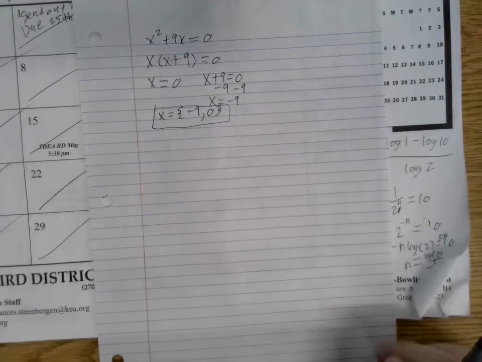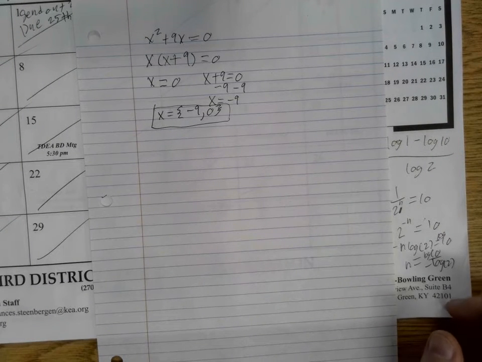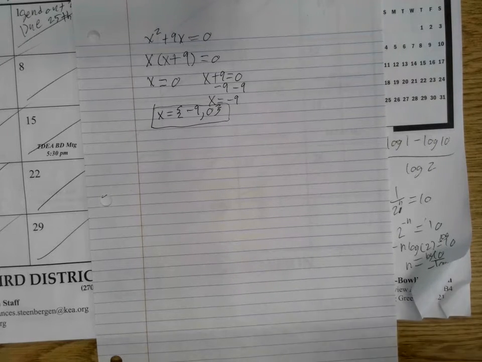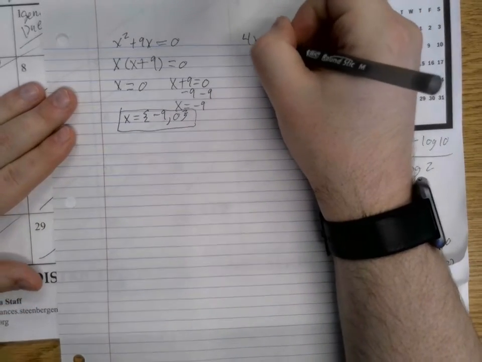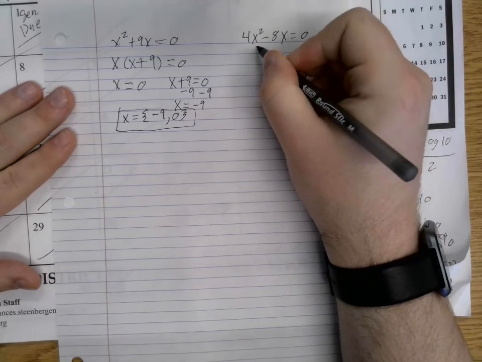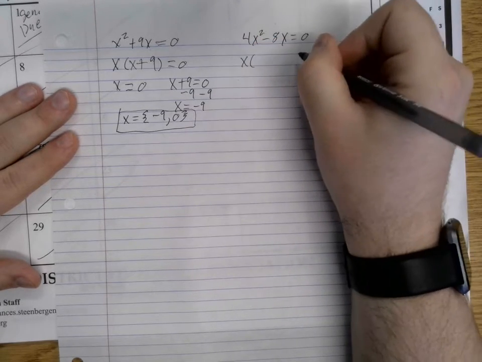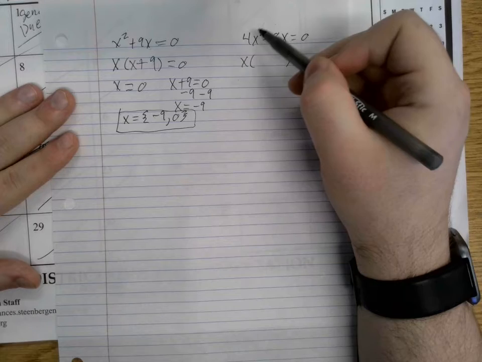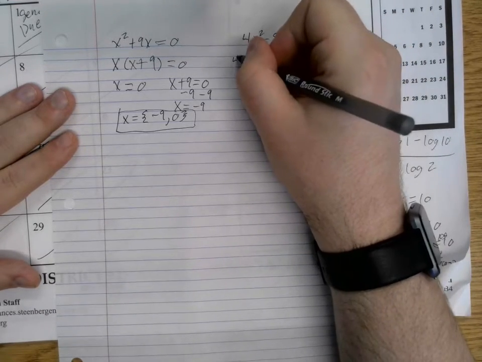Now, obviously, it's not always that easy. Sometimes I have to pull out more than one thing, and sometimes I have to be a little creative with how I do things. For instance, in the one immediately to its right, 4x squared minus 8x equals 0. Once again, both of these have an x, so I can pull an x out of each, but both of them are divisible by 4, so I can pull a 4 out.